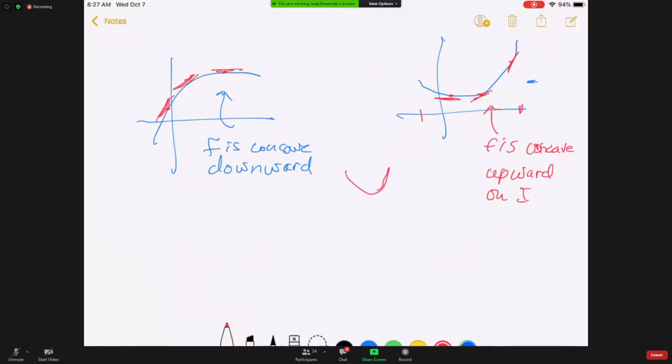And how do we figure that out? Well, that's what the second derivative tells us about. Concavity test. I'm not going to prove this one for you.